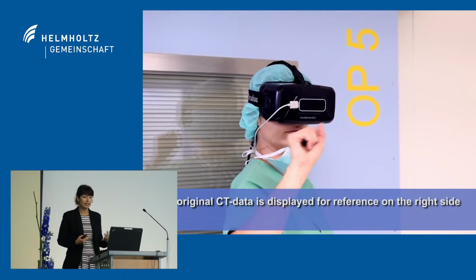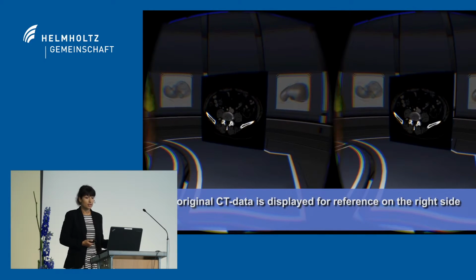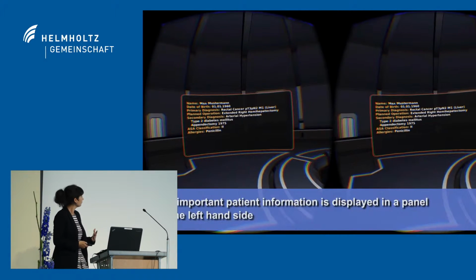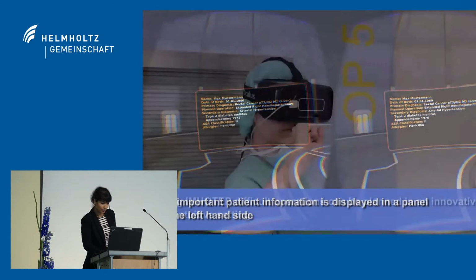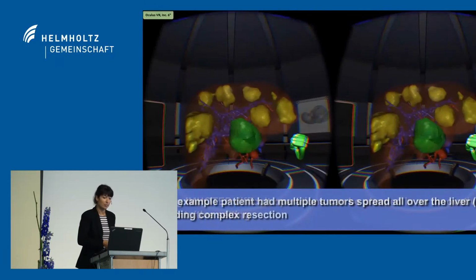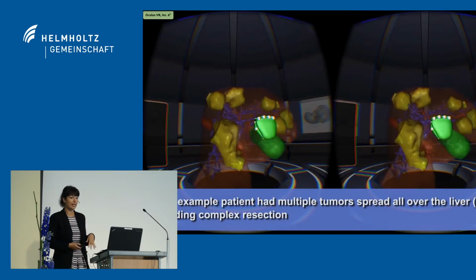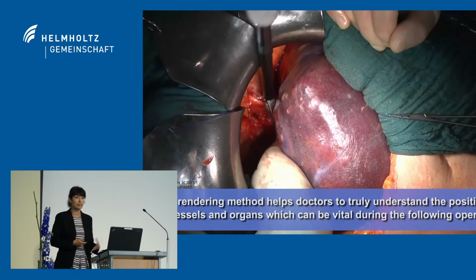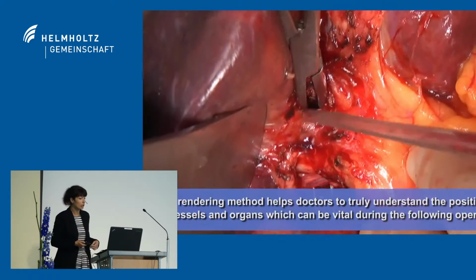It's touchless, and it can be used before the operation. And it allows the surgeon to capture all the information in a really intuitive way, and he gets an impression of the spatial structures, but not only of the 3D model, but also of all the other data.